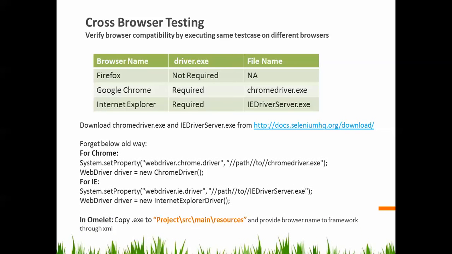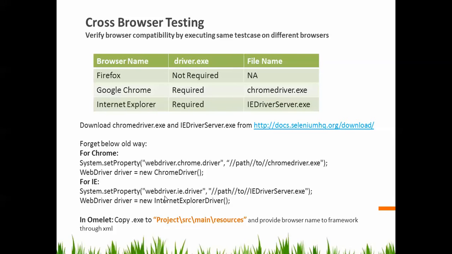What next? Once we get those exes, in the traditional or old way, for Chrome we used to write System.setProperty and provide the chromedriver.exe path to our program. And in case of IE, we used to provide the IEDriverServer.exe path to our program in order to work with these drivers. But here in case of Omelet framework, we need not write this kind of code.